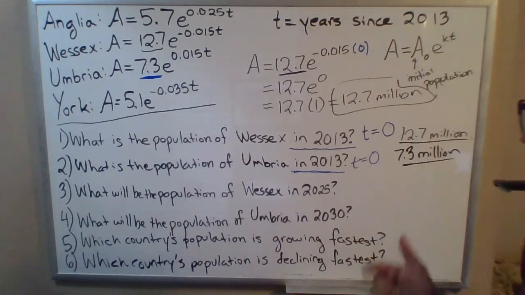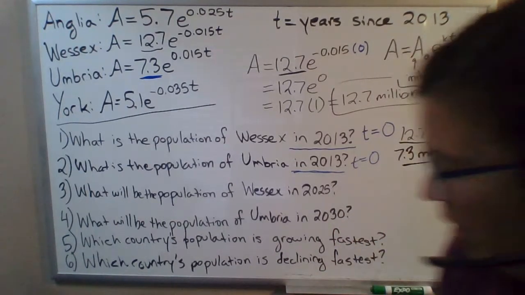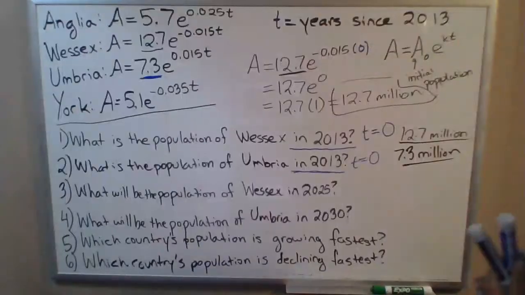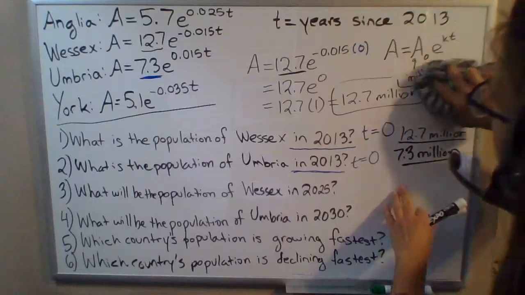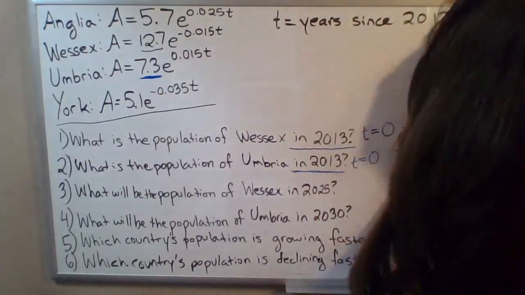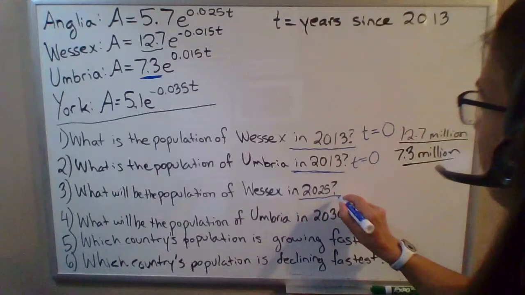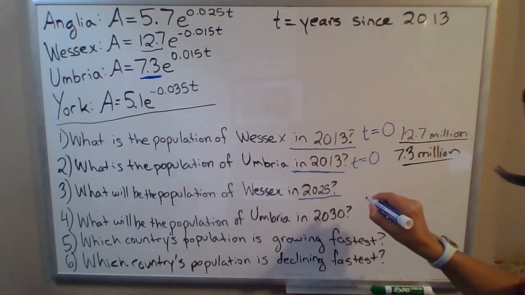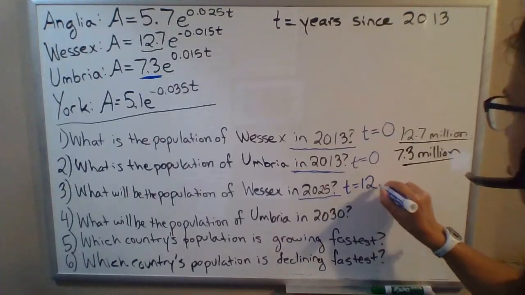Okay, but the next two questions, the population of Wessex in 2025 and Umbria in 2030, now we're not talking about initial population anymore. So in this case, the first task would be to identify the value of t that we need. I'm going to erase to give myself some room here. So 2025, that'll be 12 years since 2013.